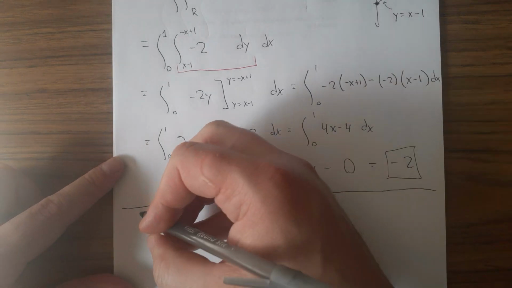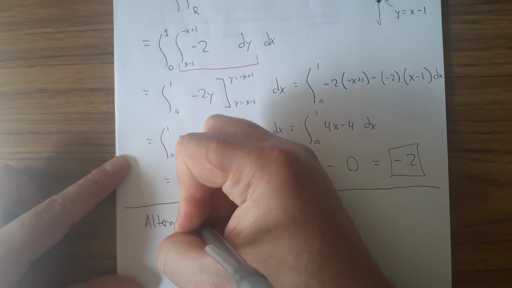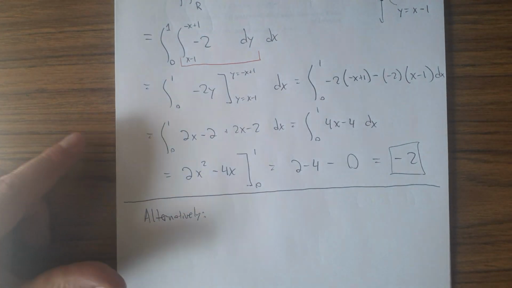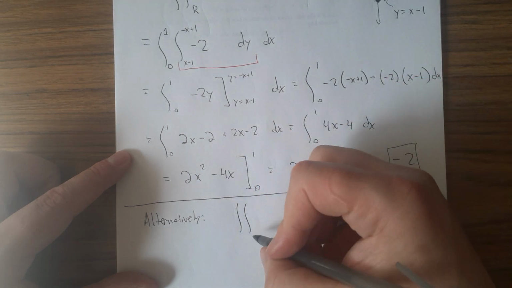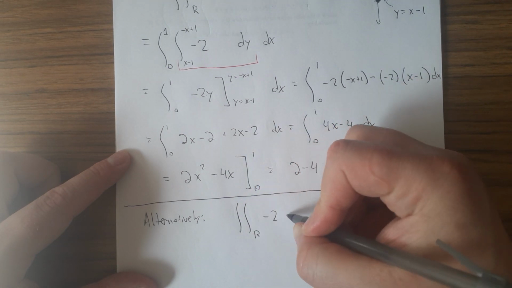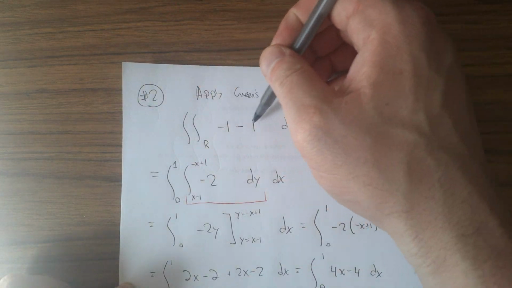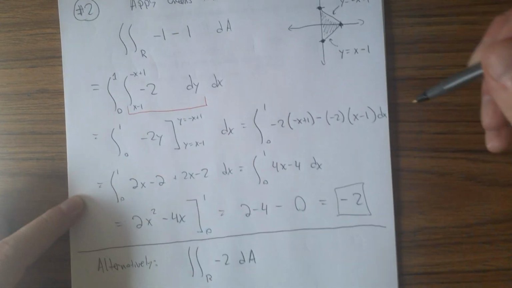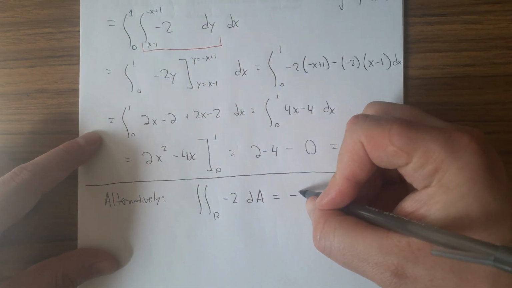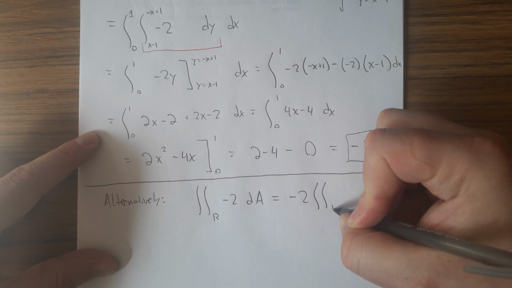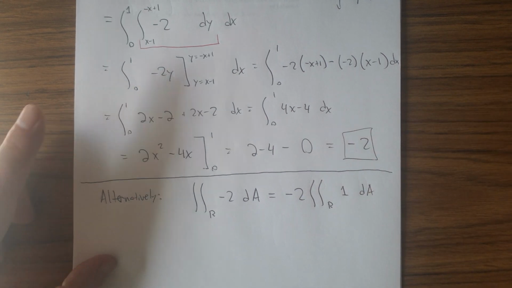Let me just say something real quick. Alternatively, at the very beginning, once I got to this point and realized that the inside is just a constant, it's just negative 2, you can pull the negative 2 all the way out, and then you just have a 1 inside.